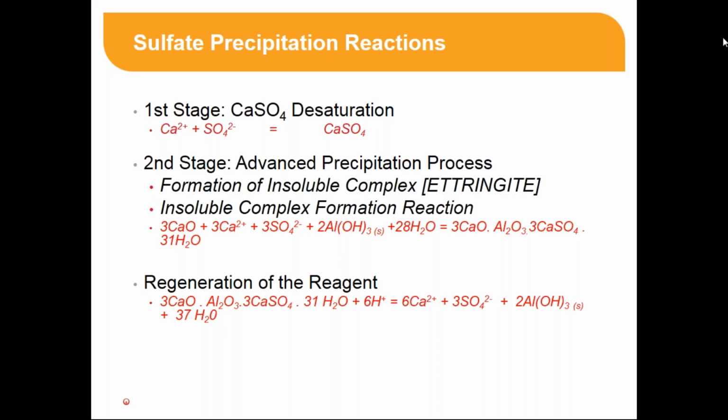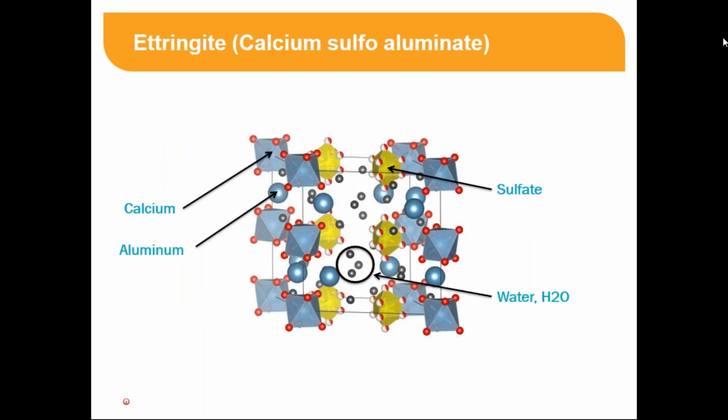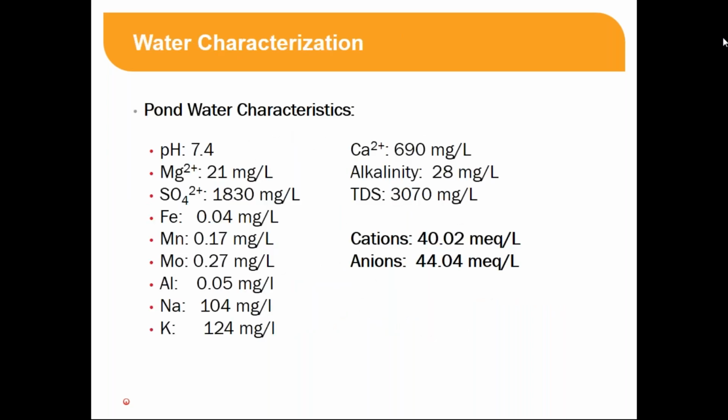The advantage of this regeneration process is to reduce the chemicals, or reduce the addition of aluminum source. This slide shows you the ettringite molecule, or calcium sulfoaluminate molecule. It's a very complex molecule with 31 moles of hydration.